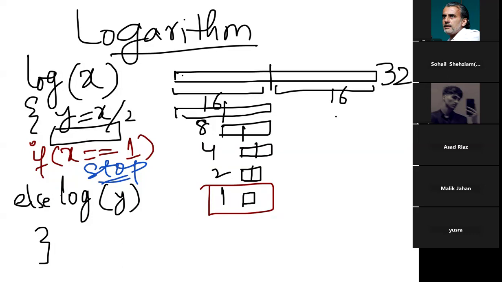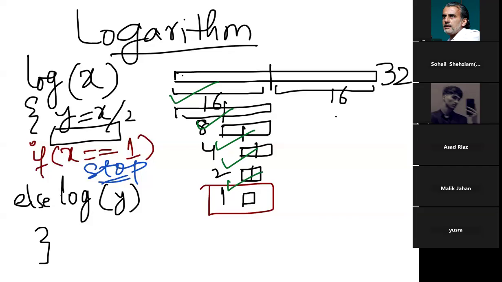And the mathematical version of the same thing is that if I count the number of cuts, or the number of divisions, which took me from 32 to 1, the first division was performed over here. So 1, 2, 3, 4, and 5. So after 5 divisions, we reach the base case where we stop. When we are in the base case, that means that we are no more calling the same function, right?